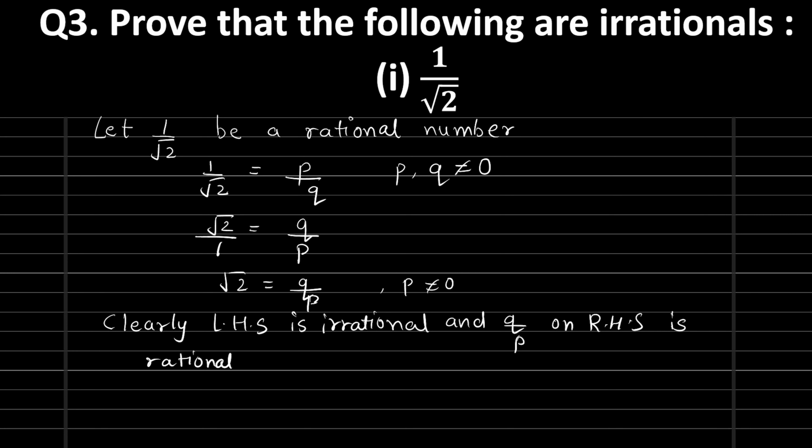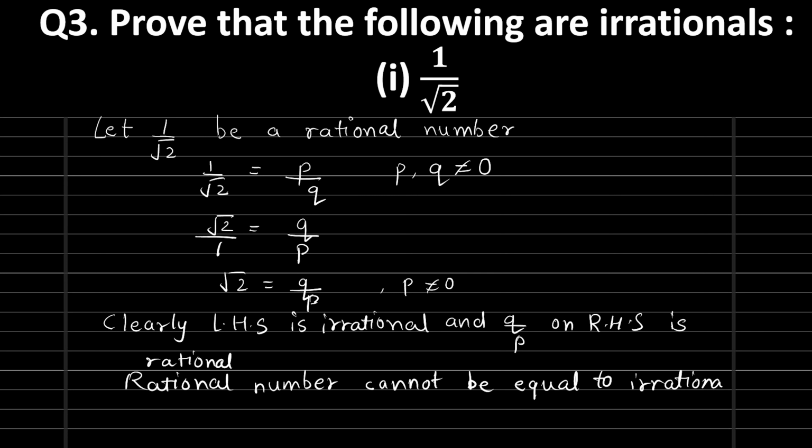So what did we observe? On the left hand side we have an irrational number and on the right hand side we have a rational number. So here it contradicts, because a rational number cannot be equal to an irrational number.